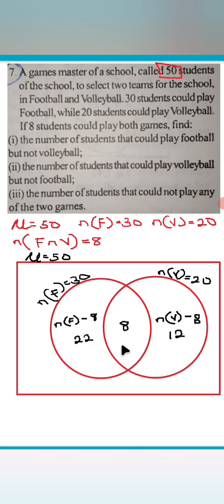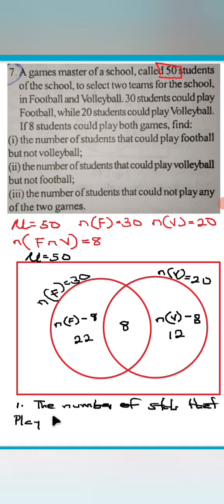So now the first question says the number of students that could play football but not volleyball. Those are the ones inside the circle of football alone. So Roman figure 1, the number of students that play football only, which means but not volleyball, will be equal to 22.